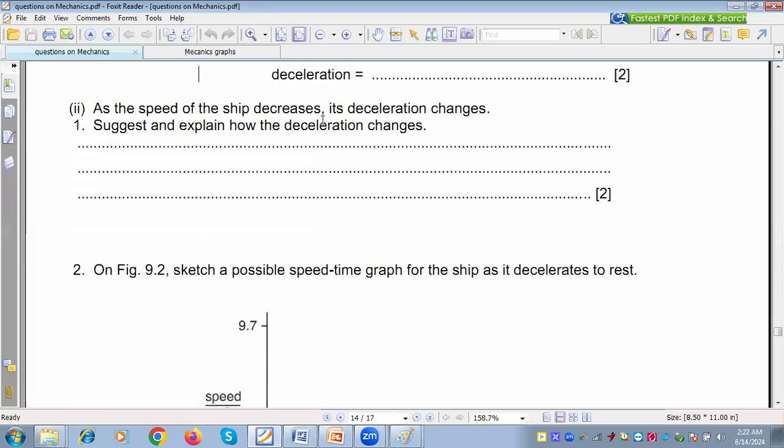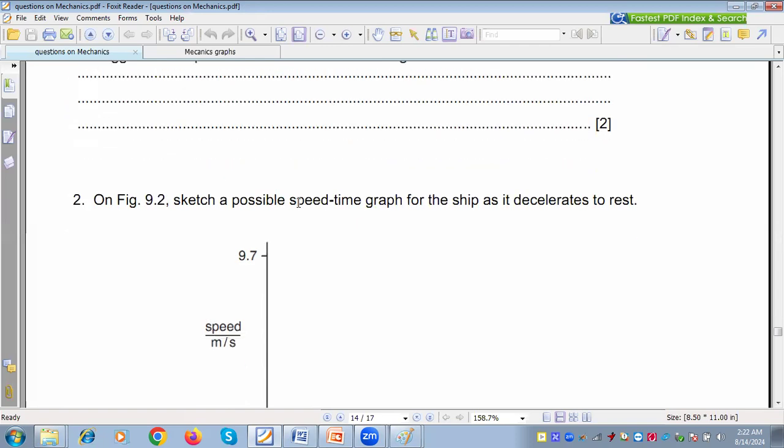Okay, speed decreases, the deceleration changes as the resistive forces also decrease. It means finally what will happen? The resistive forces may become equal to the forward force. Okay, and the resultant force, which was in the backward direction, that was less.